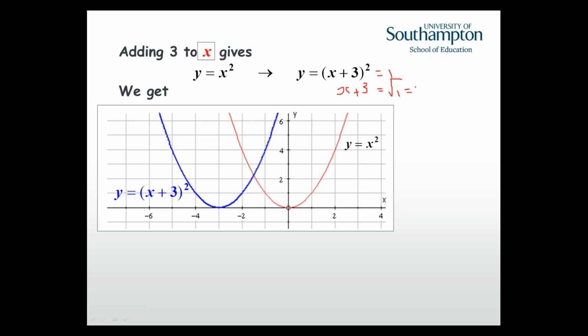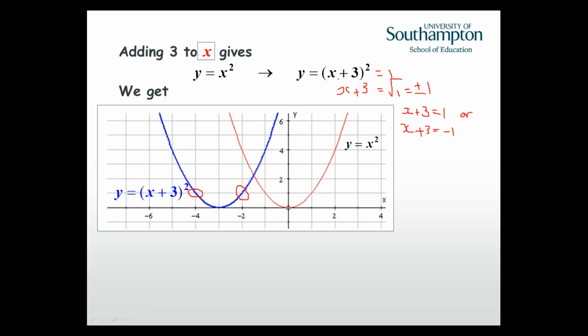So we know that we've got two answers because it's quadratic. So either x plus 3 equals 1 or x plus 3 equals minus 1. When I solve those, I get x equals minus 2 and x equals minus 4.